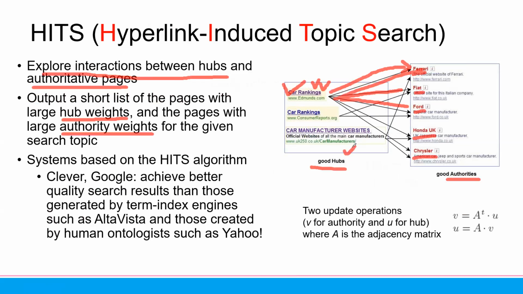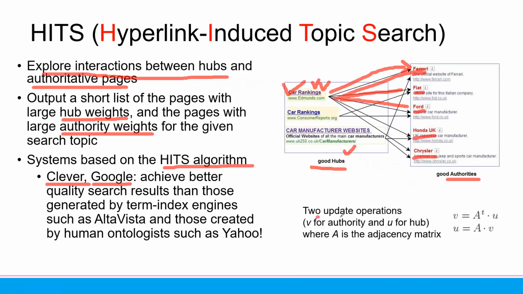If the hub has a low weight, then maybe it is not a good hub. This kind of HITS system has been applied in a search engine called Clever. They use this kind of HITS to make the search results.